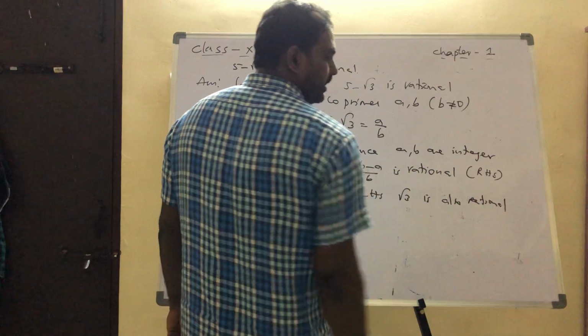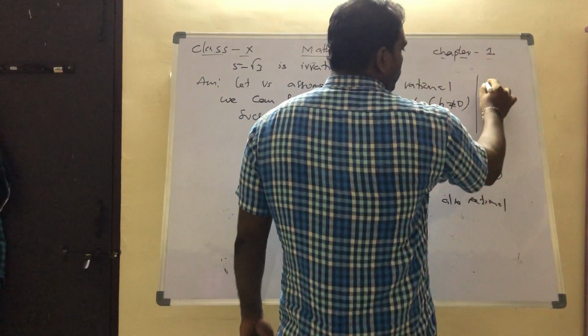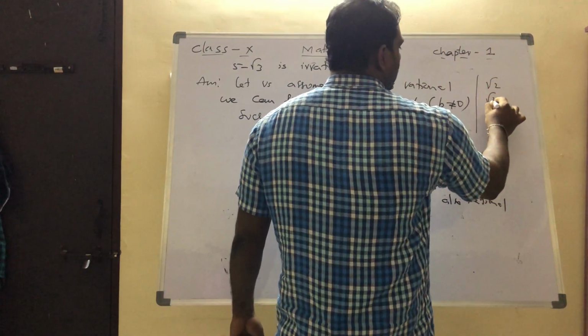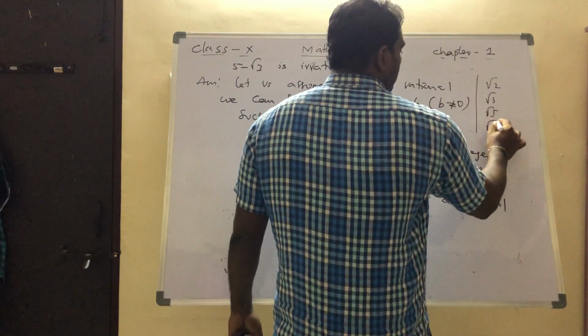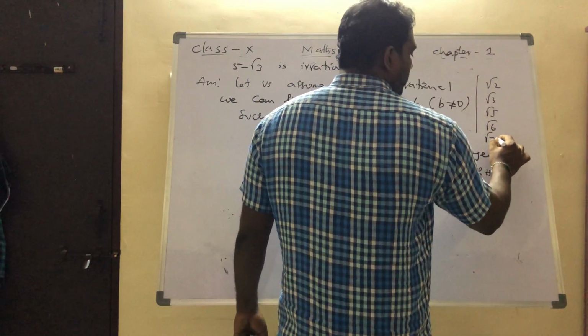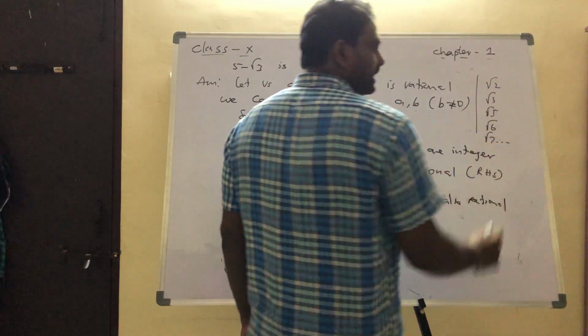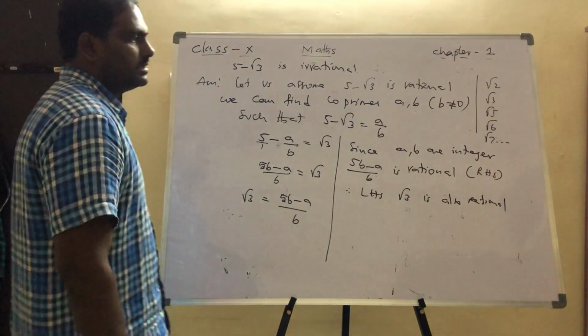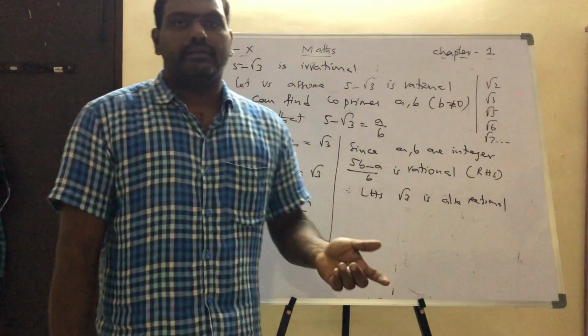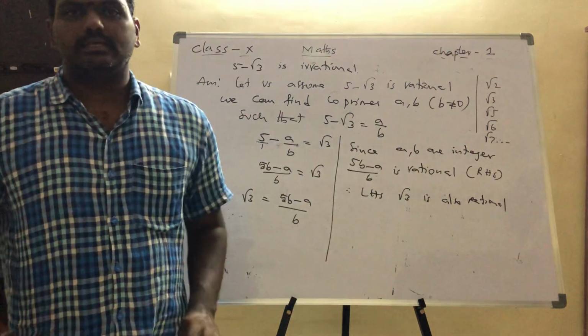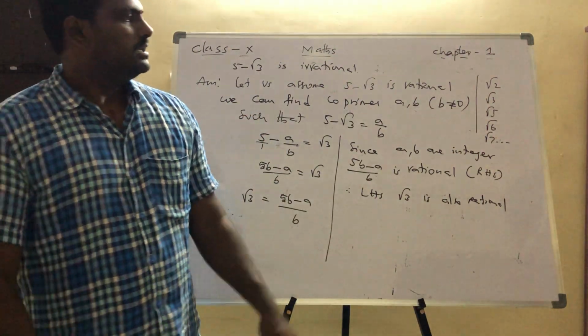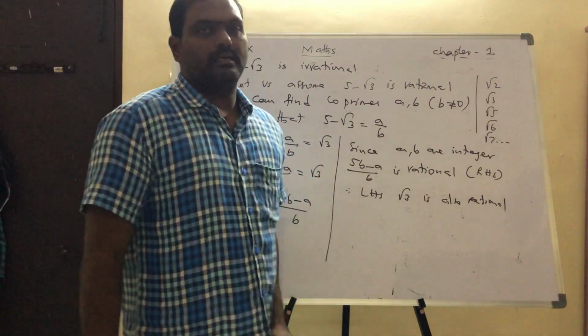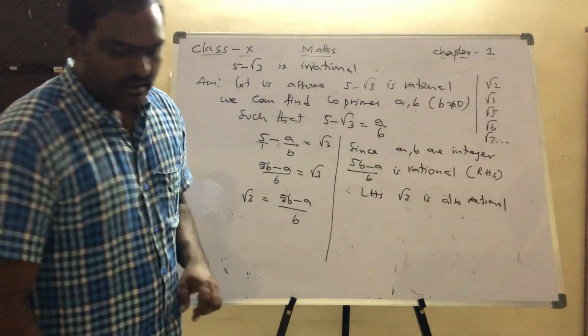But what is the point? Root 2, root 3, root 5, root 6, root 7, etc., all are irrationals except the perfect squares. Root 16, root 25, root 36 are rationals. The remaining are all irrationals. So therefore root 3 is rational, but what is actually the fact?